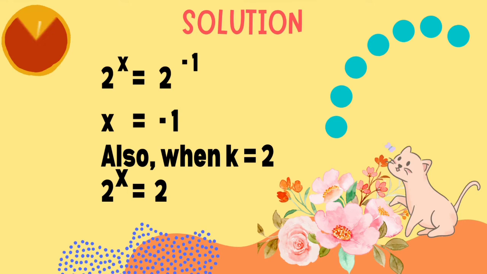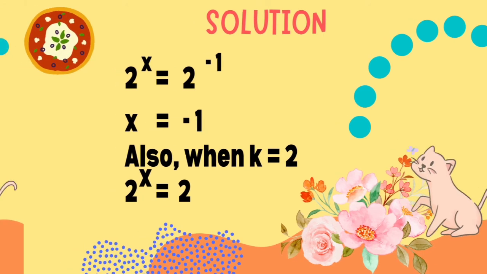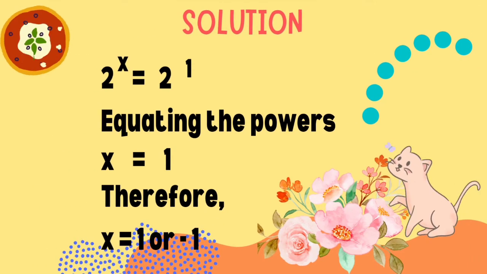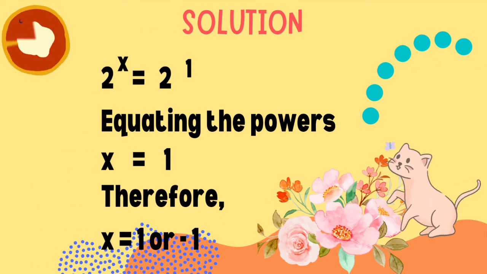The next thing you do is to take the second solution for k and also substitute it into the expression 2 raised to power x being equal to k. So when you substitute 2, you are going to be having 2 raised to power x being equal to 2. Of course, we know that 2 itself is the same thing as 2 raised to power 1, because any number written is the same thing as that number raised to power 1.